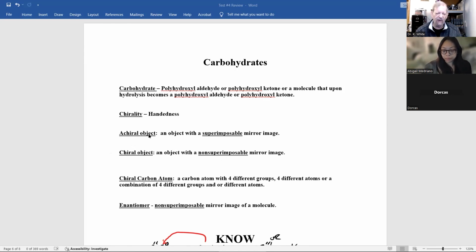So an achiral object is an object with a superimposable mirror image. Now, if you see the name or description of an object and it has the word left or right in it, immediately you know it's chiral. Right hand is chiral. Left hand's chiral. Non-superimposable mirror image. See, here's the mirror.